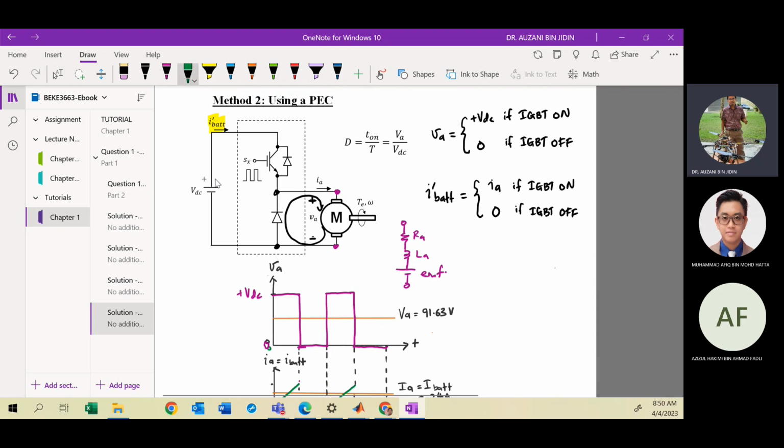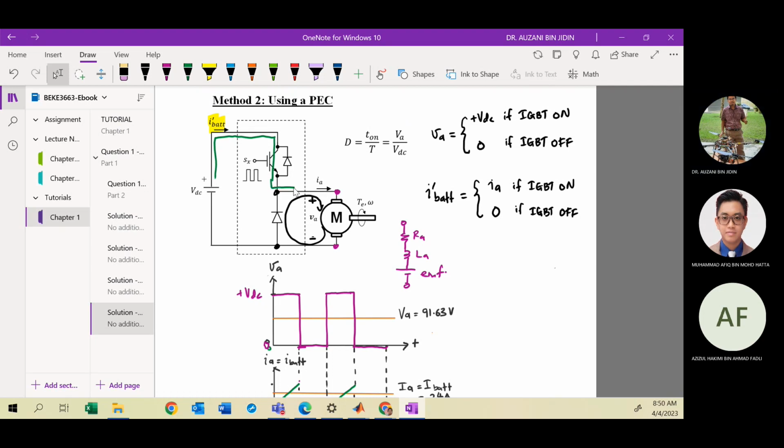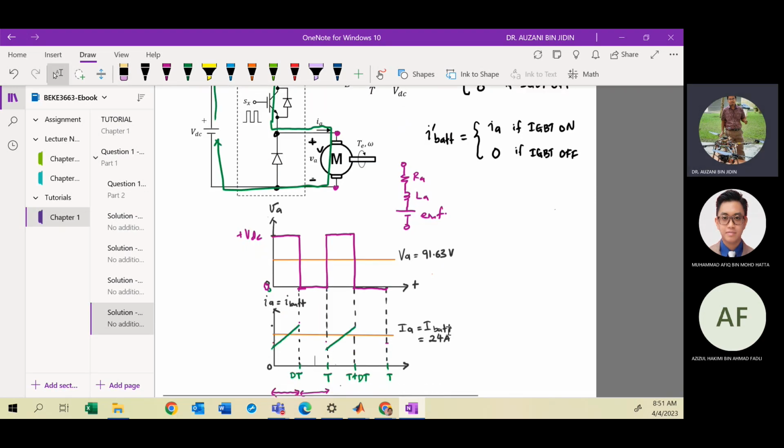Your current will flow from the battery, through the switch because the switch is turned on, then through the motor to the negative terminal of the battery. So the green current indicates the current flow when the switch is turned on. So this is the waveform.